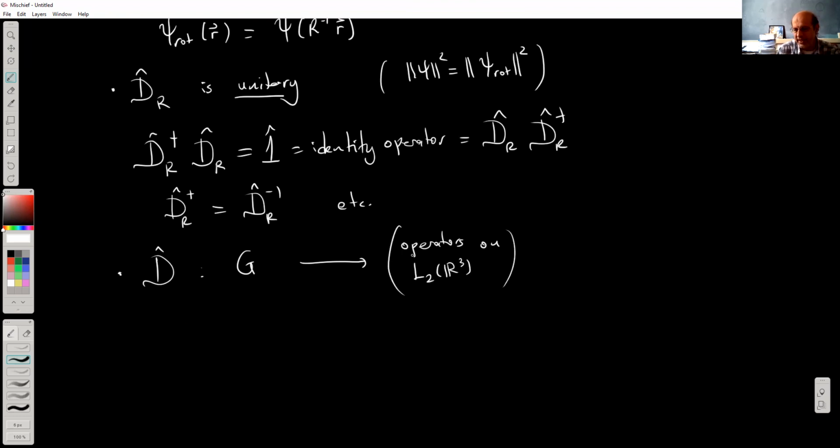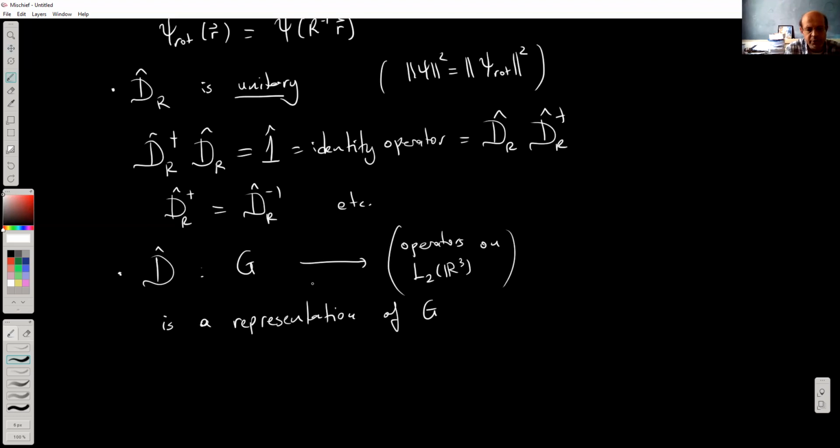So it basically gives us an operator in that space; it is a representation of the group G. It's actually a representation of the group O3. We're not talking about the symmetries at this point. I'm going to write down the symmetry condition later, all right? This is a representation of the group G.